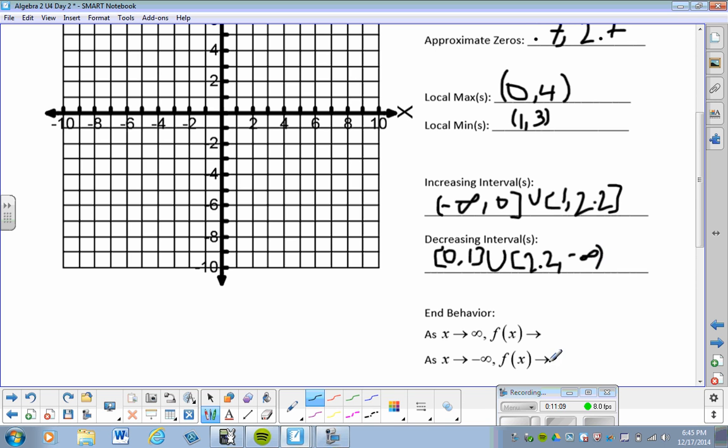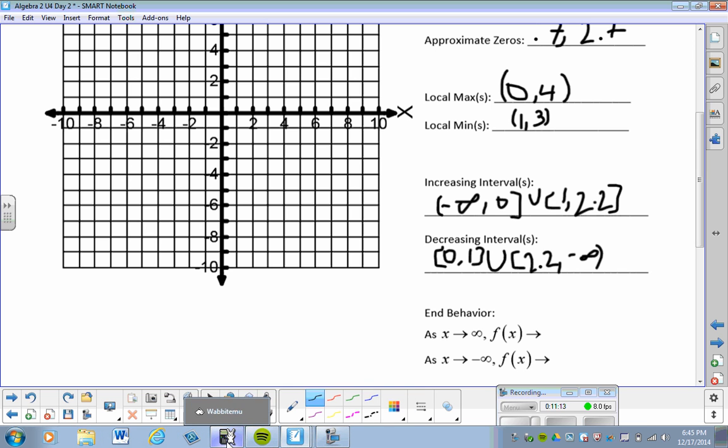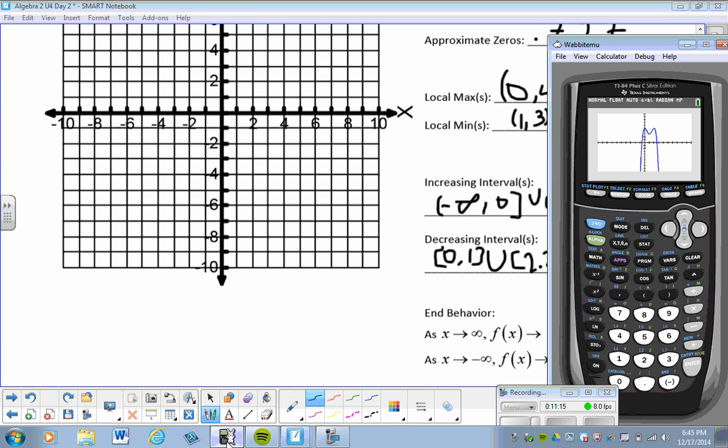Alright, so looking at the end behavior, as x goes to infinity, f of x goes to negative infinity. And then as x goes to negative infinity, f of x also goes to negative infinity.